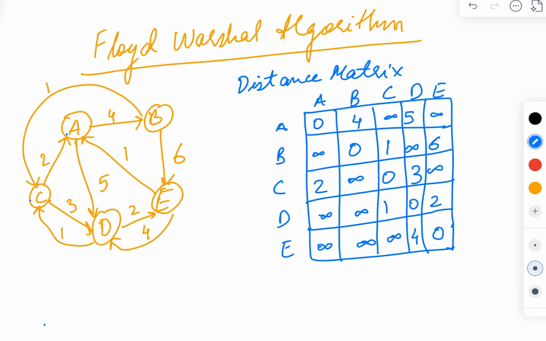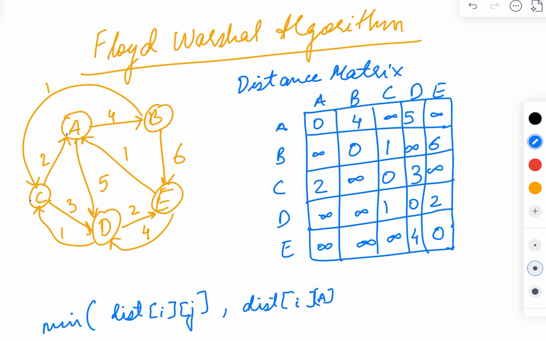After this, we treat node A as the intermediate node and calculate the distance for each node pair, wherein we use our Floyd-Warshall algorithm formula, which is the minimum of distance ij and the distance of i to A plus distance of A to j.